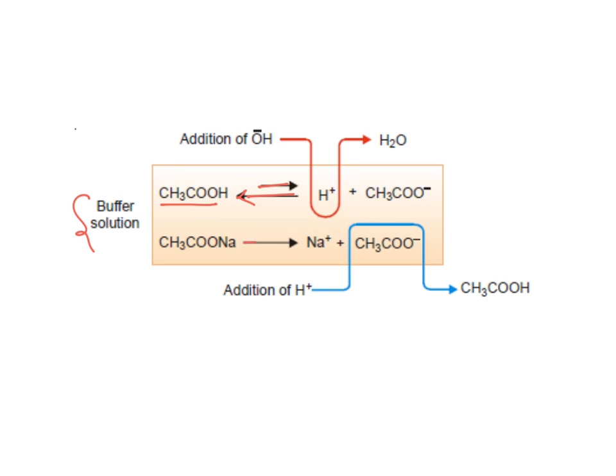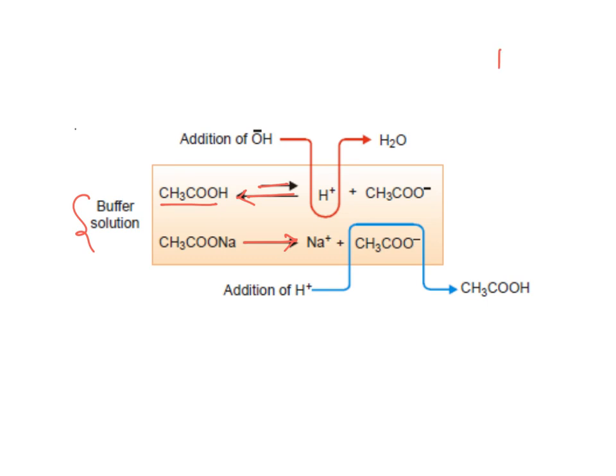Sodium acetate is completely ionized into Na plus and acetate ion. Now if you take equal concentrations of 0.1 molar acetic acid and sodium acetate, the pH I have said is 4.7.